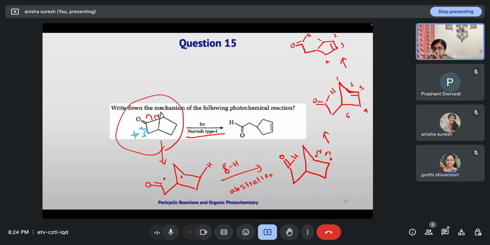But this is not feasible because it will lead to formation of the primary radical here. So this alpha fragmentation is favored. Clear?